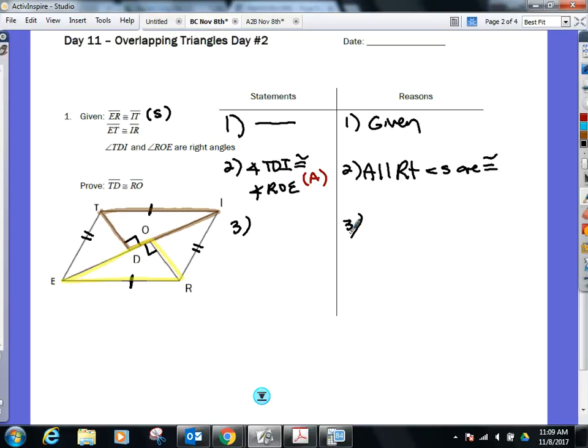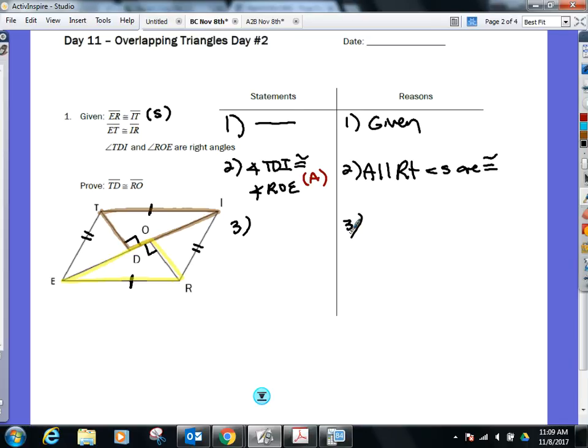You could, but the only thing I have marked are hypotenuses, and I would need legs congruent. And I don't know how I'm going to get OR and TD congruent. I don't know how I'm going to get OE and DI congruent. See what I'm saying? HL means hypotenuse leg, right? And the only thing you have right now is the H. I don't know how you're going to get the L from there yet.